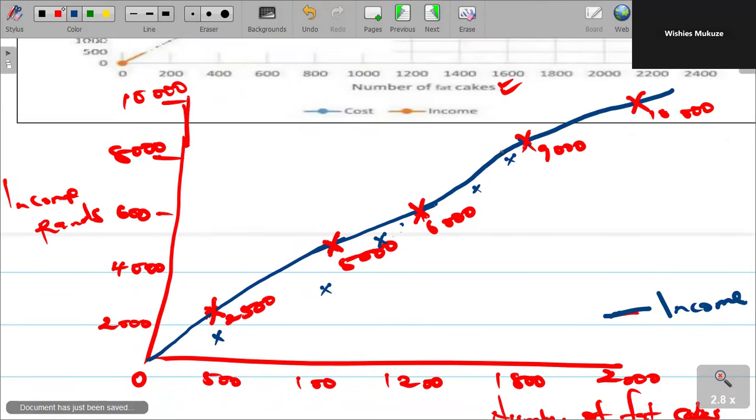So class, here again, we join the points. We are just going to draw a line that joins these points. So our marks are there.